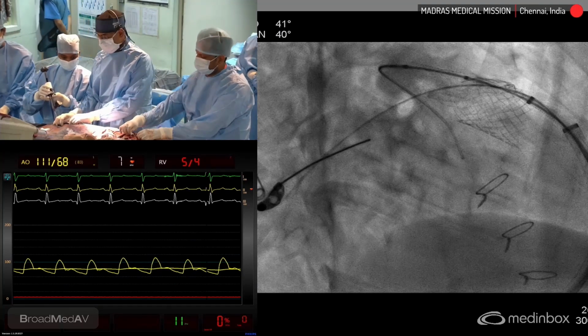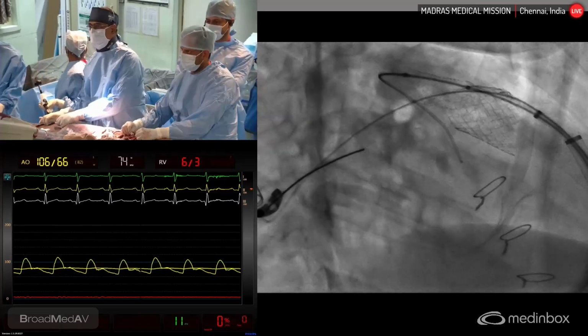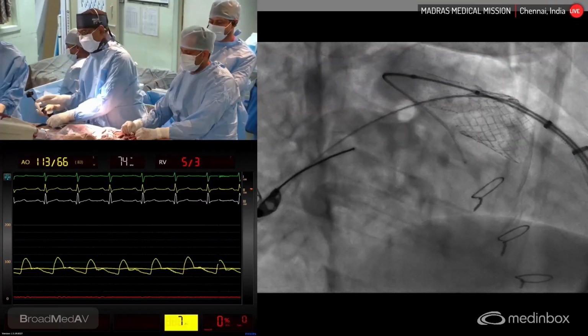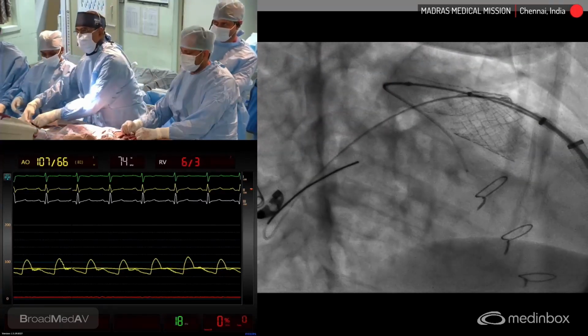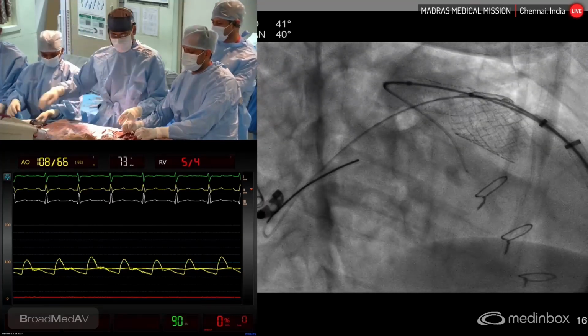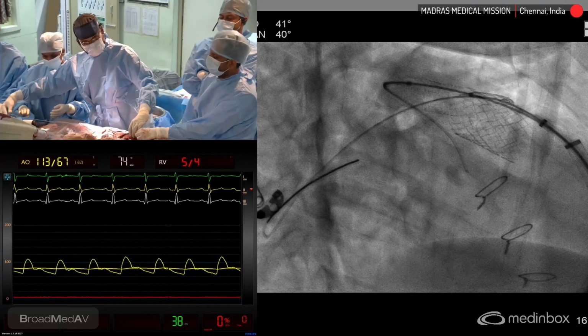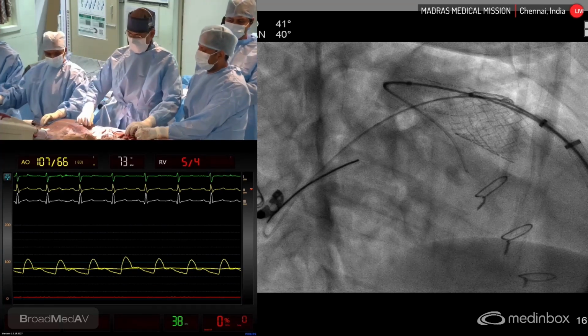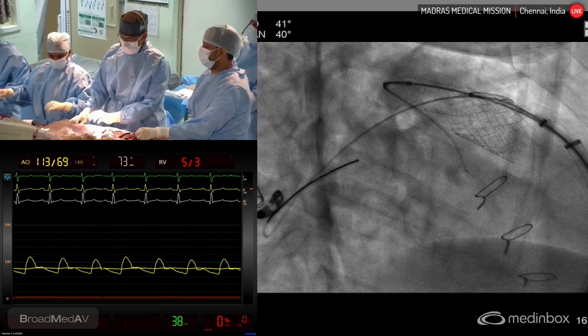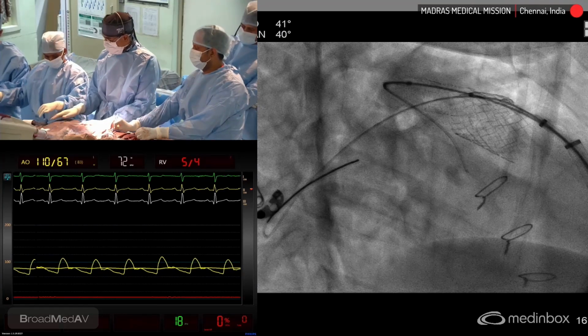In the meantime, I'll take out this catheter that we have advanced. So this catheter comes out. Now I'm going to withdraw the formula. This is full negative.